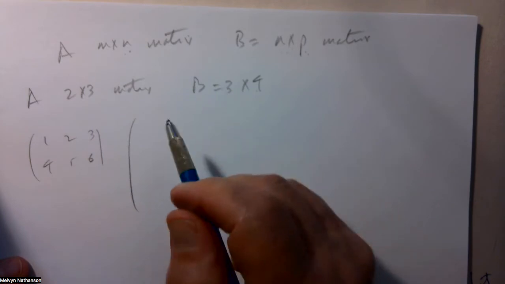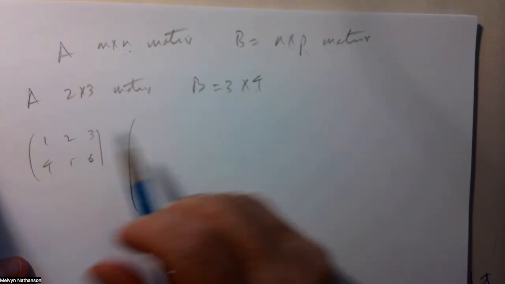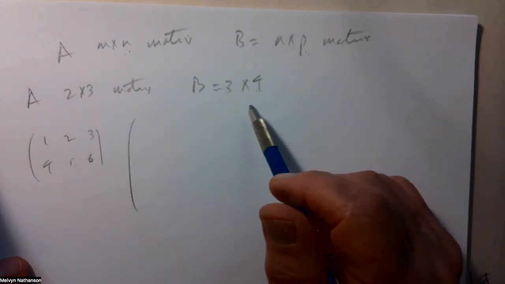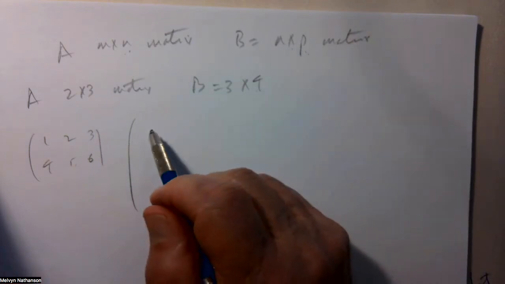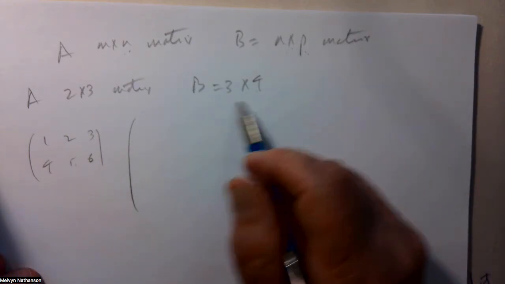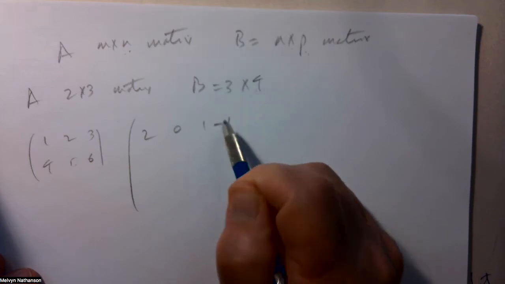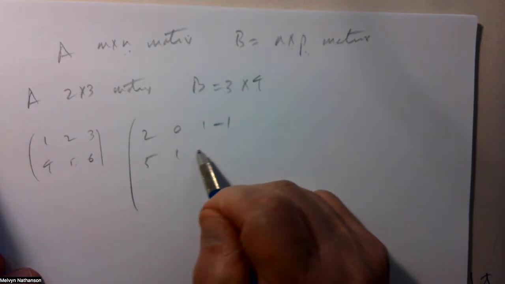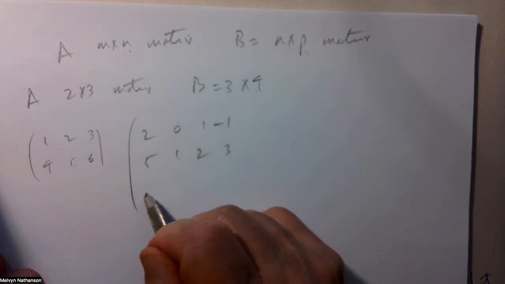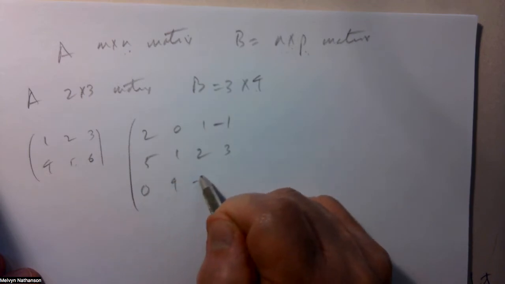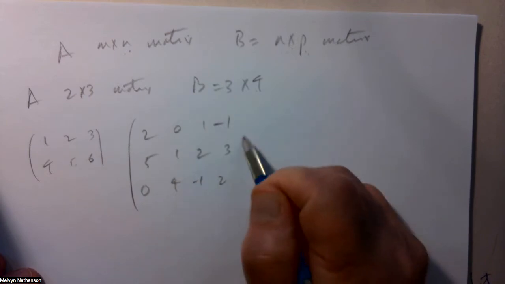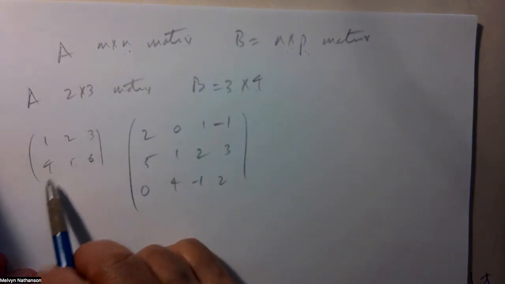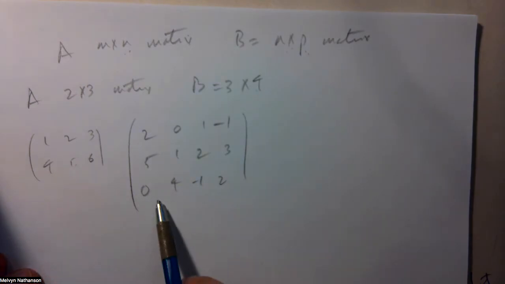And let's say B is, this is 2 rows and 3 columns. Make some numbers. 3 rows and 4 columns. 2, 0, 1, minus 1. 5, 1, 2, 3, 0, 4, minus 1, 2. So this is a 2 by 3, and this is a 3 by 4.